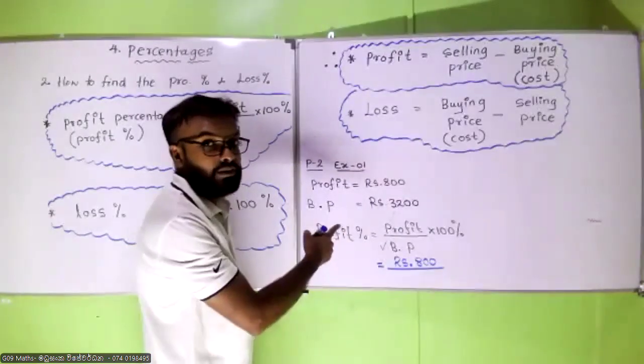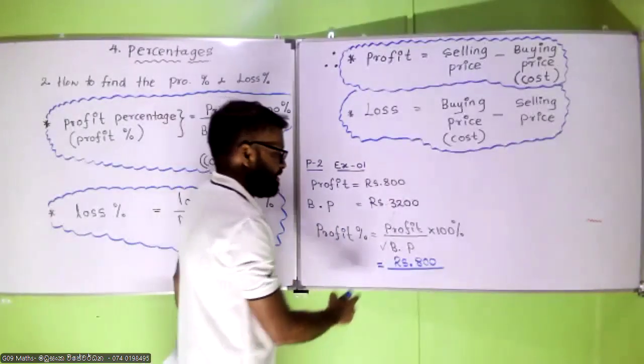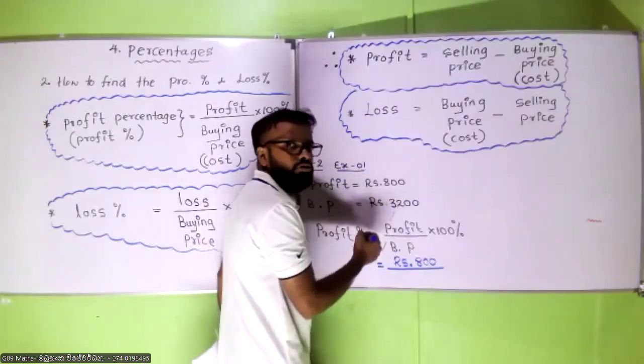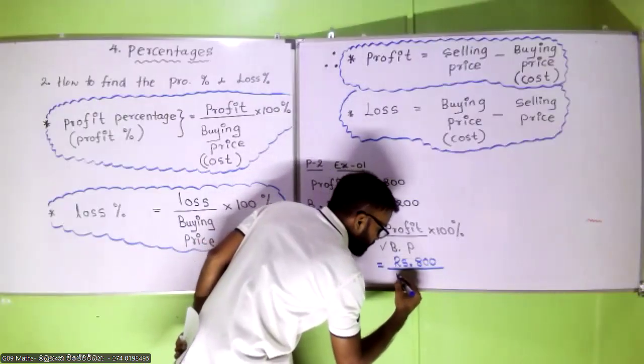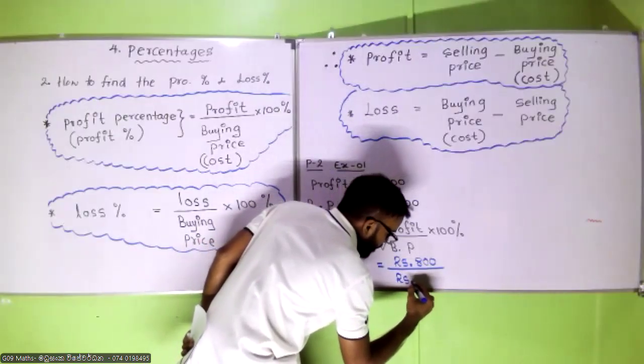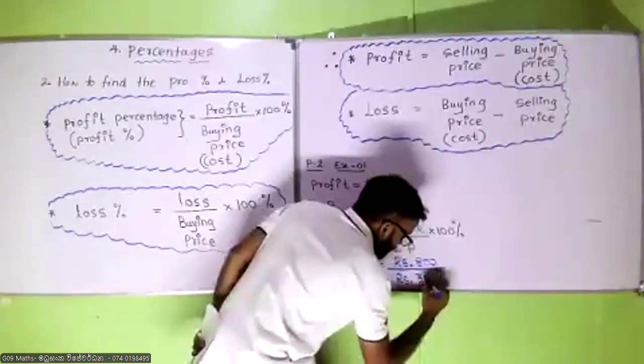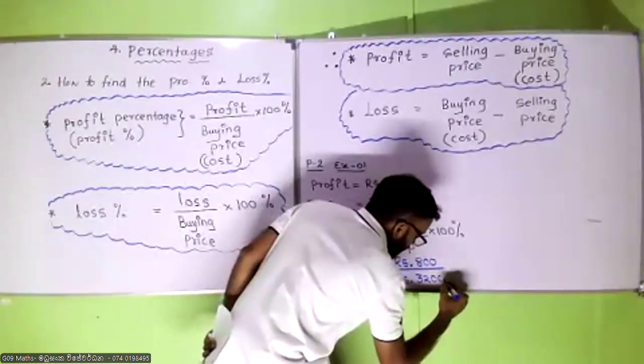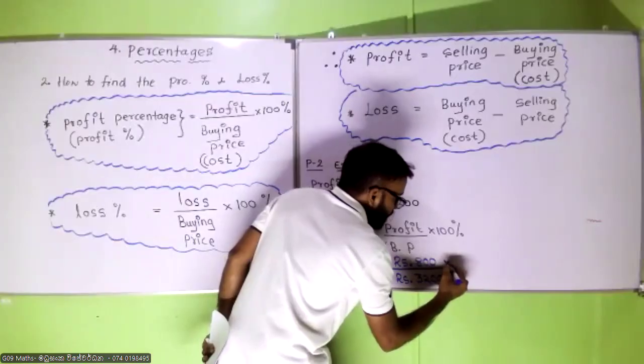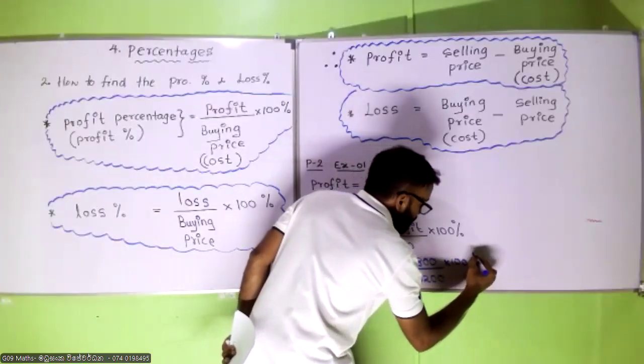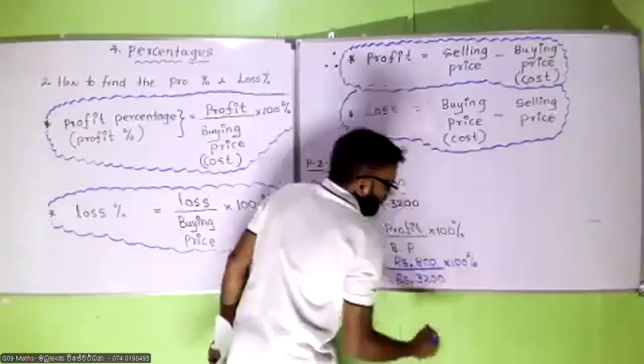Not blood pressure, but buying price, 3,200. It is also rupees. Multiply by 100%. Now simplify.